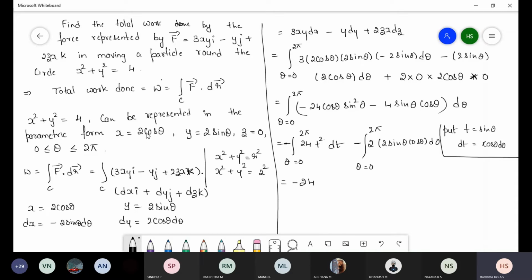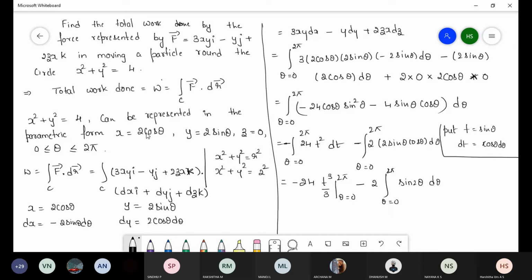So here t square integration is t cube divided by 3, 0 to 2 pi, minus 2 into integral theta varies from 0 to 2 pi. Here 2 sin theta cos theta we can write as sin 2 theta. That is the basic formula.